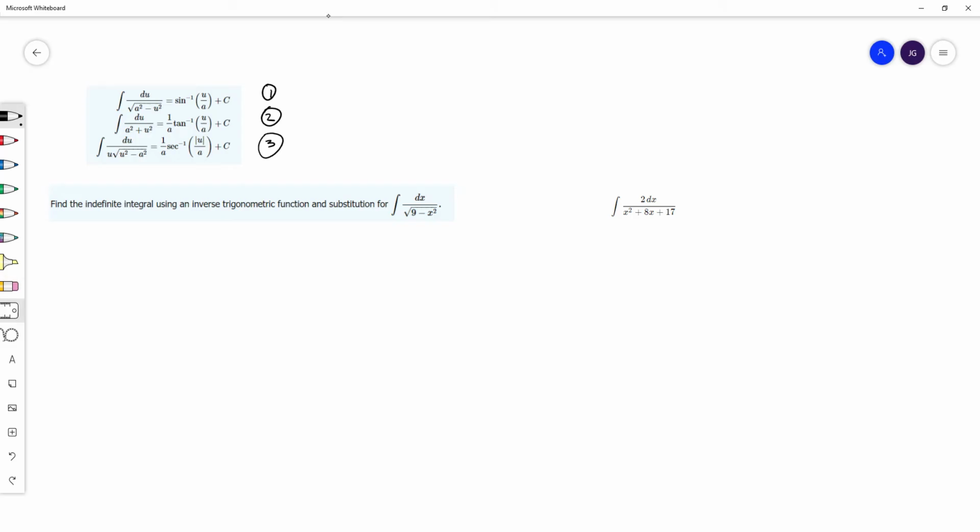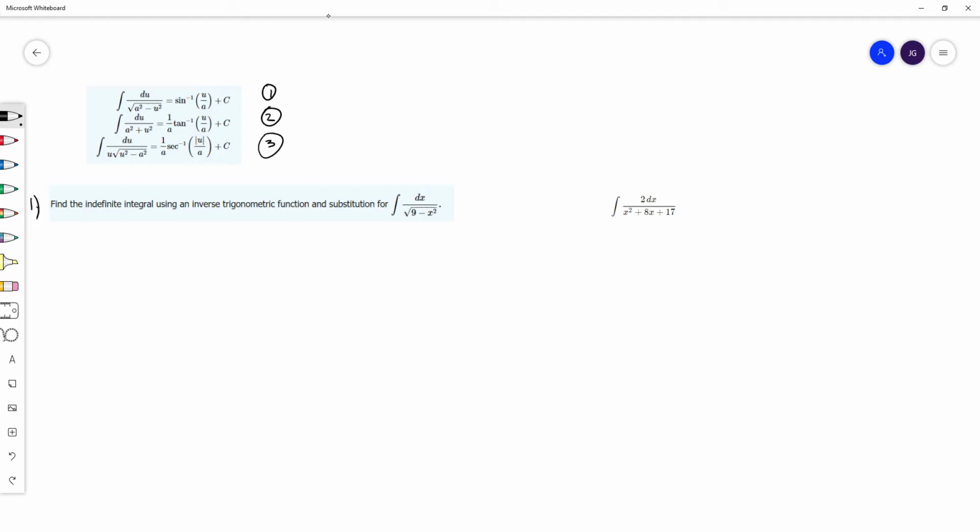Okay, for the first example, we need to find the indefinite integral using an inverse trigonometric function and substitution for the integration of dx over the square root of 9 minus x squared.